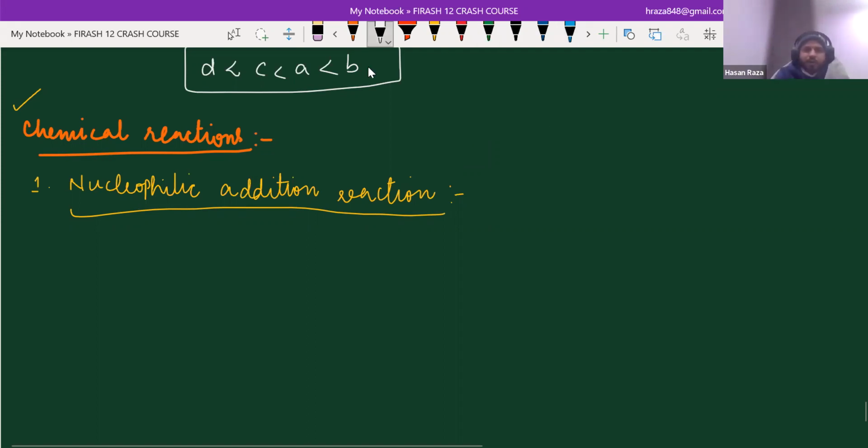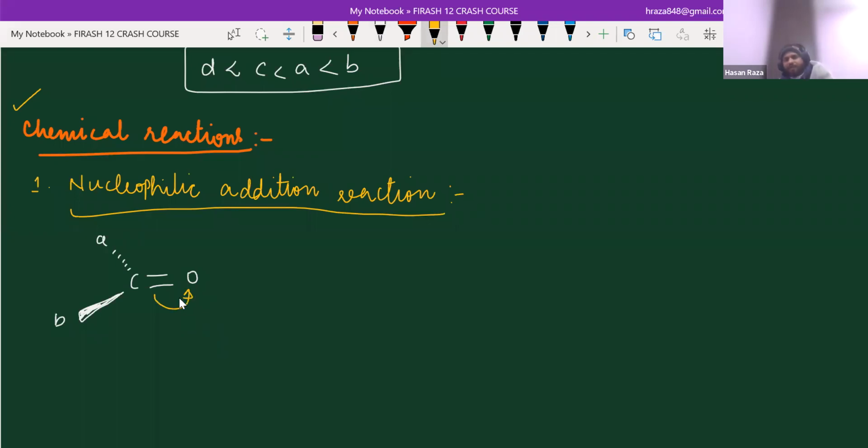So now you can see that this is your carbonyl compound. Here in this topic, we are going to deal with this carbonyl. Consider this carbonyl as either aldehyde or ketone. This is in 3D basically. As you know, oxygen is the second most electronegative element, so it will take electrons from carbon.